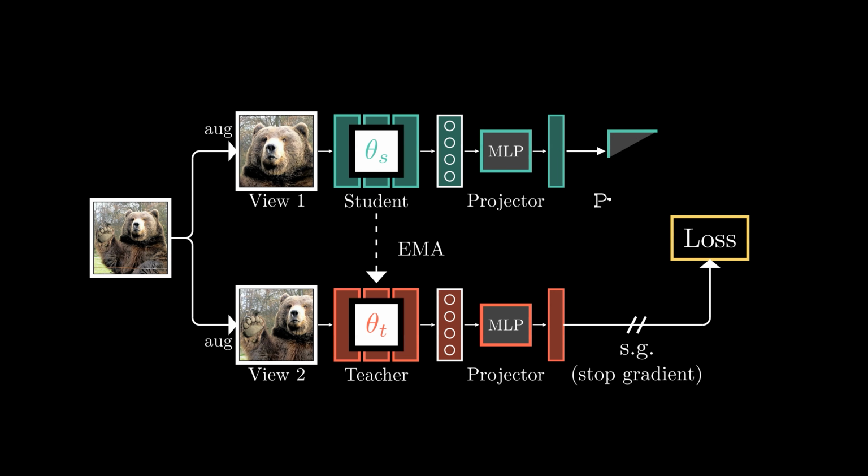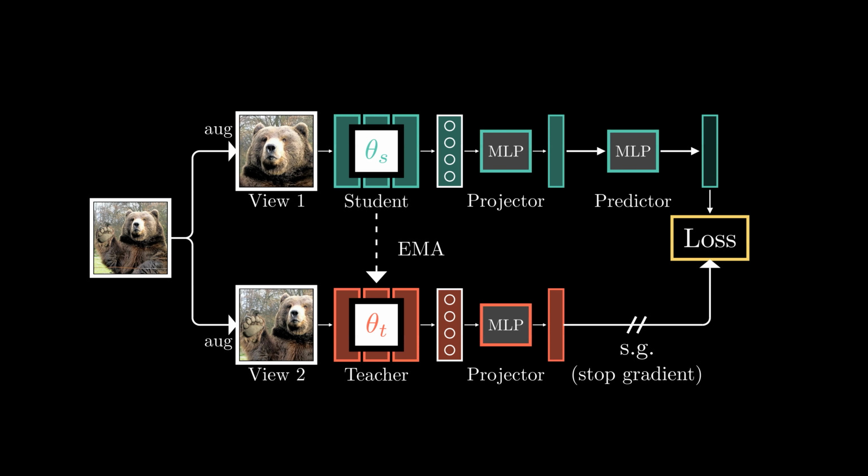Second, only the student has an additional trainable nonlinear predictor head, while the teacher does not. This creates an asymmetry. The student must learn to predict the teacher's representation through an extra transformation, rather than trivially matching it.